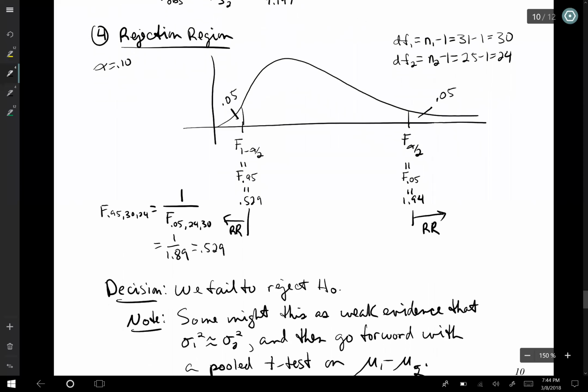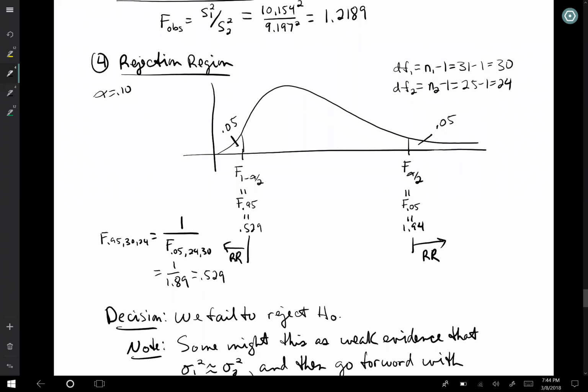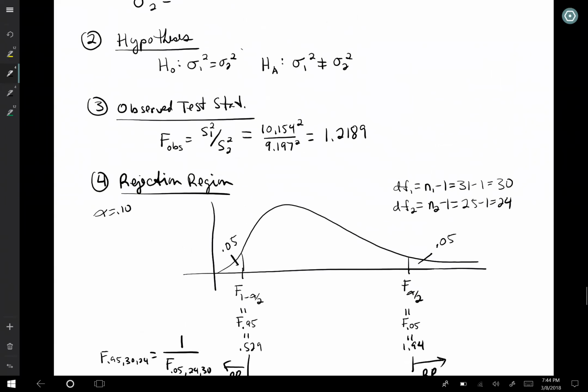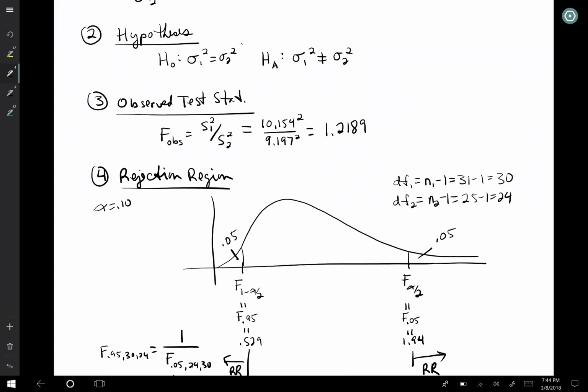A better way to think of it is that the table the book did is upper tail percentile. If you can couch the problem as a right tail test, that's kind of what WebAssign is doing. You get the larger of the variances divided by the smaller. If you can do that, then you don't have to deal with the left tail.